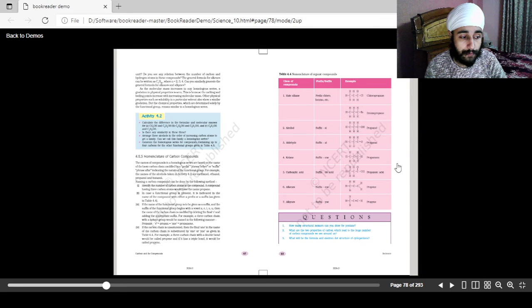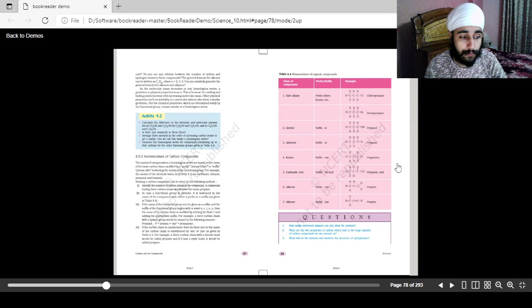Okay, now propanoic acid: 3 carbons having single carbon bonds. This structure is called a carboxylic acid.